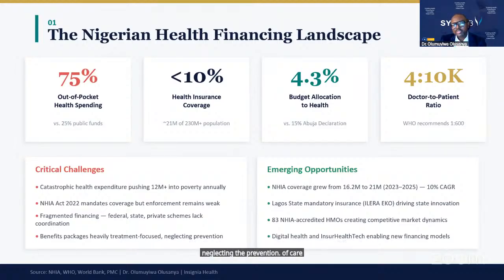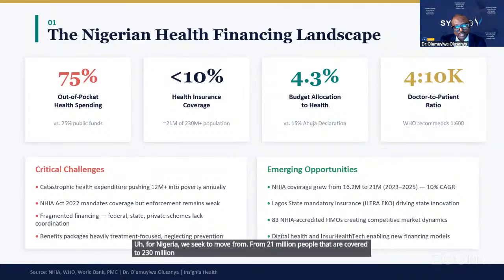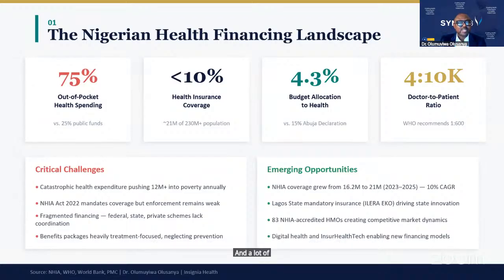So what are the opportunities? For Nigeria, we seek to move from 21 million people that are covered to 230 million and catch up with the population. There is a lot of regulation right now on mandatory health insurance. Lagos State, for example, is driving mandatory health insurance with their social health insurance scheme called Ilera-Eko, and a lot of other states are also following to do the same.